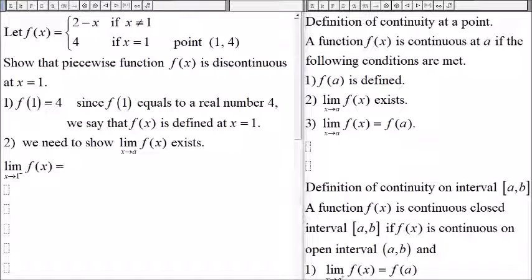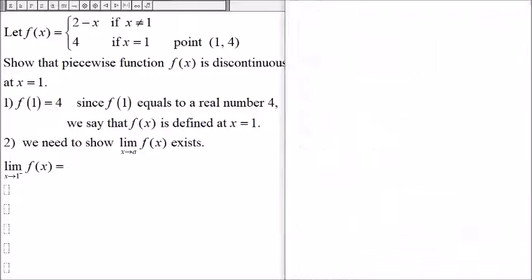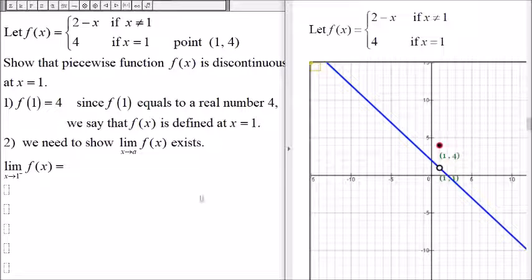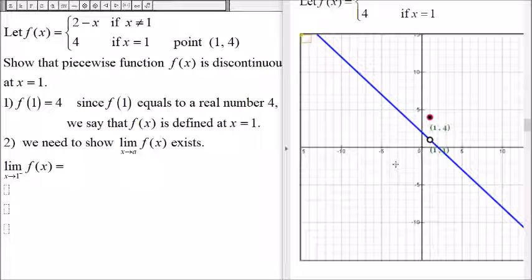If we look back at the graph right here, this is 1. If we approach 1 from the left, we are to the left of 1, which means x is not equal to 1.